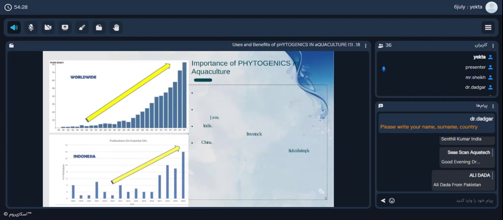When we talk about the popularity and importance of phytogenics, if you look at this graph, from 1990, 1991 until 2000, the graph is very low, and then suddenly after 2004-5, it started increasing. People started using phytogenics more.